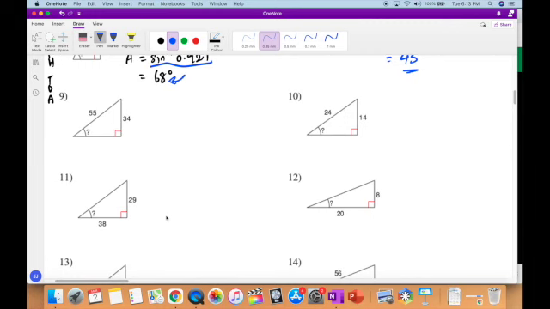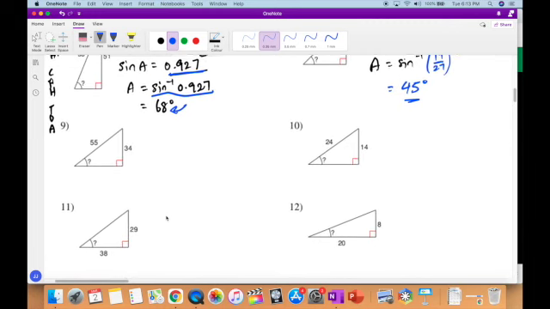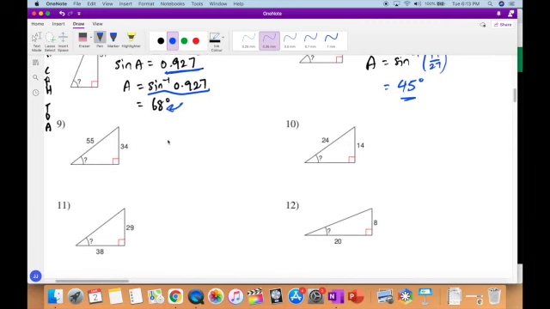Now, all of these are the same thing, well, at least these 4 anyway. So what about these 2 here? What do you get for this one? If anybody did it. A is the sine inverse of opposite over hypotenuse, so 34/55. What did y'all get? 38 degrees.